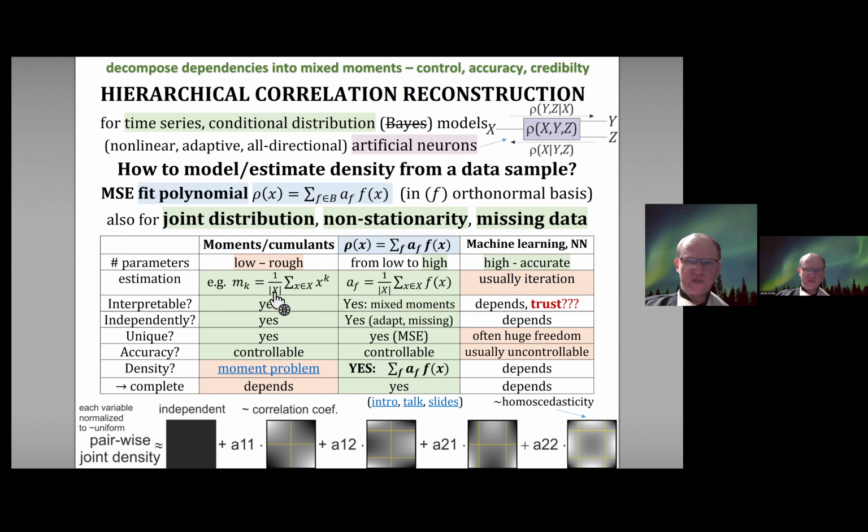What connects the advantages of both worlds? And yes, we can. Like in classical statistics, we can work on moments, but special moments, chosen such that they allow us to recreate a model of the probability density. If we assume that the density is just a linear combination, preferably in an orthonormal basis, for example polynomials, then the mean square error estimation turns out to be just an average over the sample of a given function, like a polynomial.